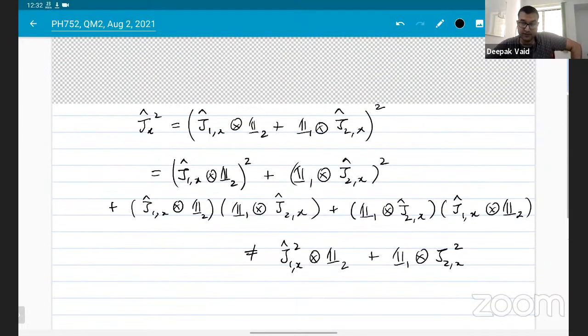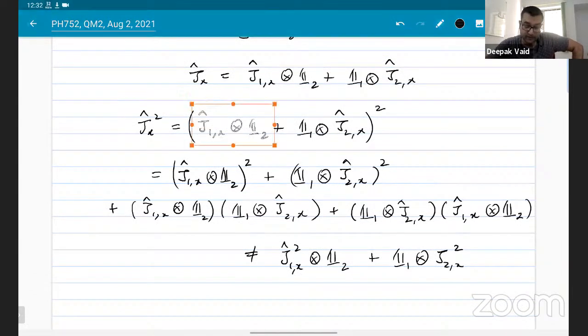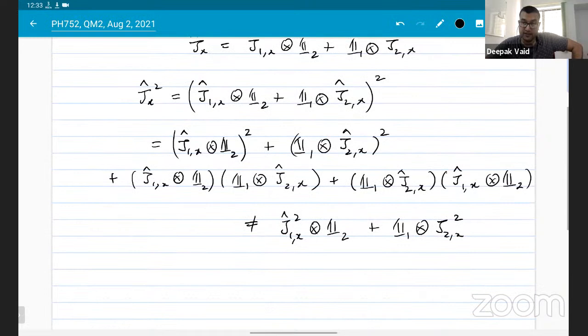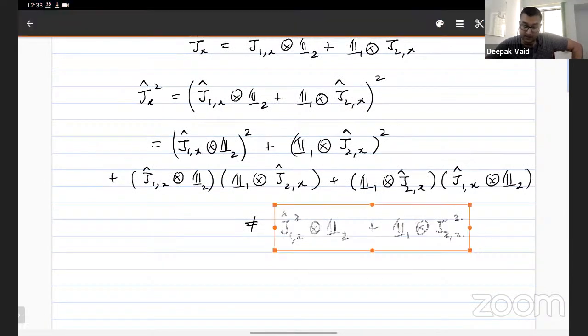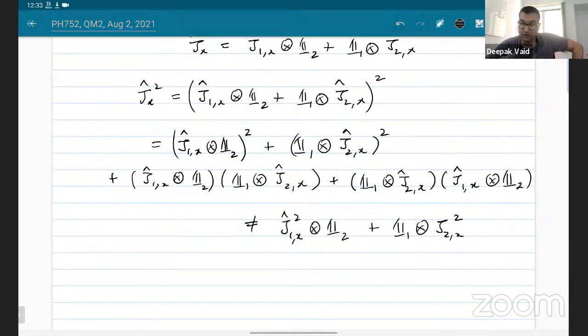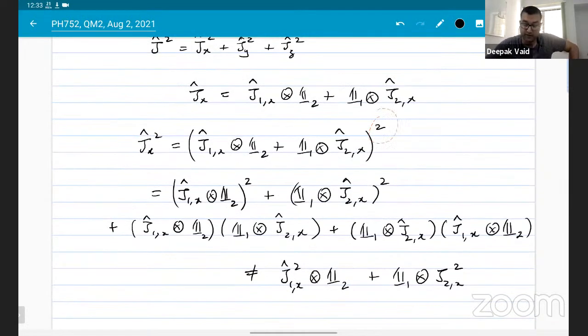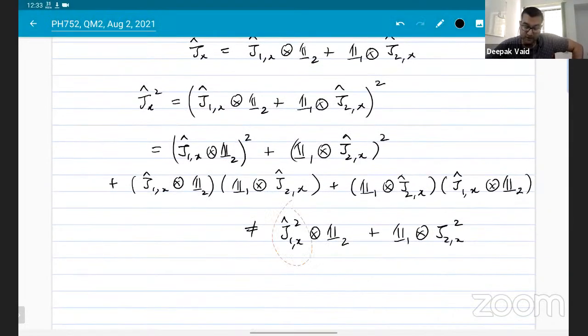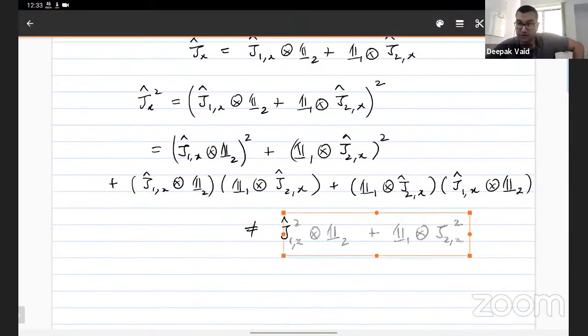So what is the composite Jx squared? It's the composite J1x plus the composite J2x, squared. And what is this? This is the composite J1x squared. You understand that before taking the square, I'm taking the composition of the two systems. And here I'm taking the square and then I'm taking the composition of the two systems.